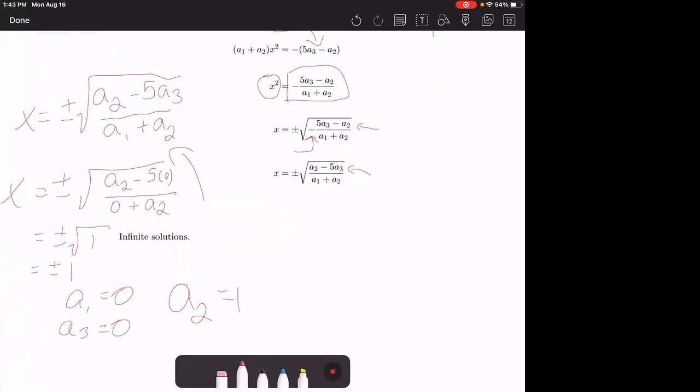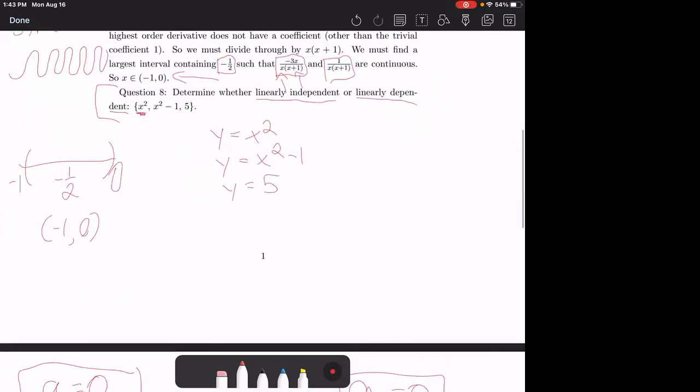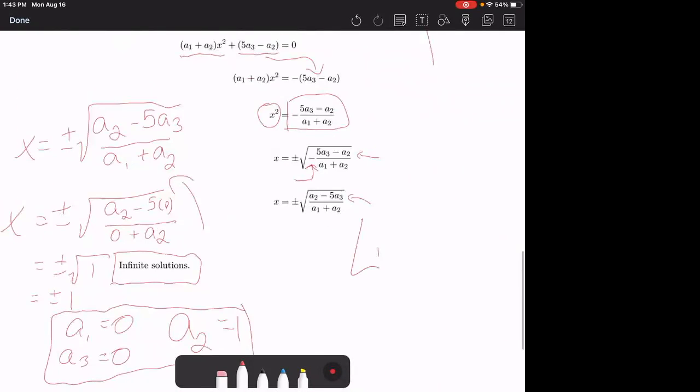Sure, A2 equals anything as long as it's not 0. Then this is a possible solution where not all of A1, A2, and A3 are equal to 0. And like I said, there are infinite solutions. This is just one of them. So we have proven that this set of functions here, y equals x squared, y equals x squared minus 1, and y equals 5, is linearly dependent.